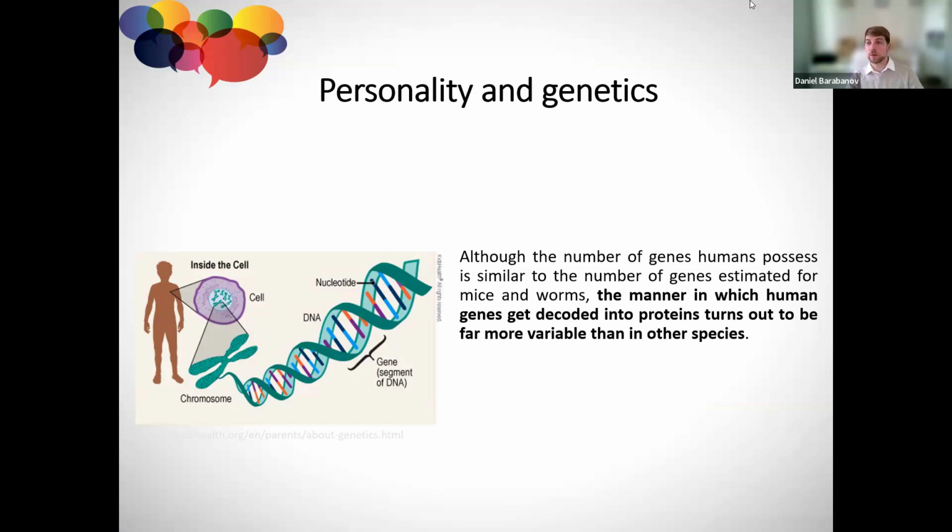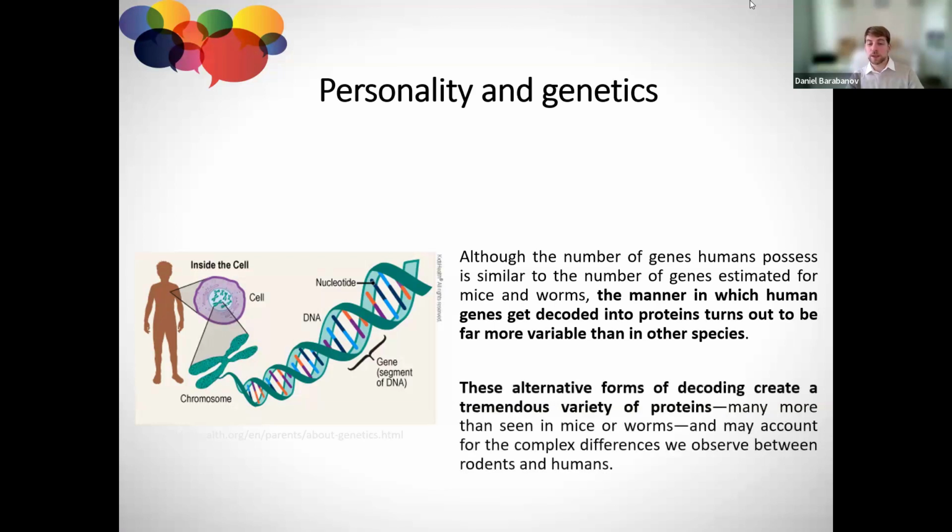It's a huge deal. These alternative forms of decoding create a variety of proteins, many more than we see in other species. And probably it may be the reason why we have such complex differences between, for example, rodents and humans, right? We are both mammal species, but the difference is tremendous.